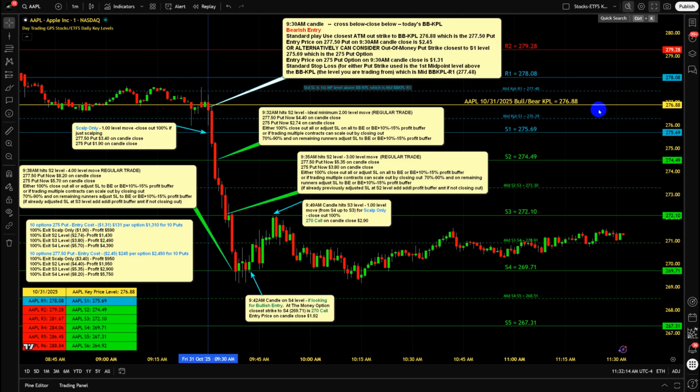In this particular example, the level we're trading from is the bull bear key price level, and we have a bearish entry signal. So the standard play with this indicator for trading options is going to be the closest at the money strike to this bull bear key price level.